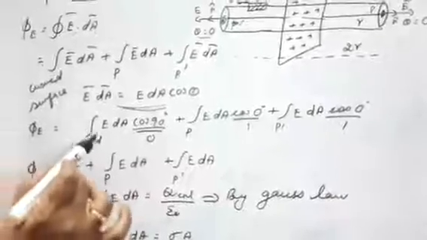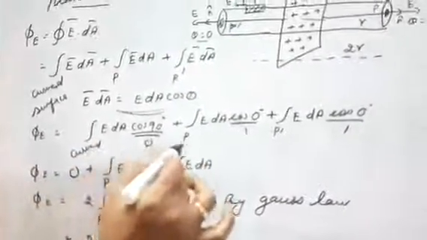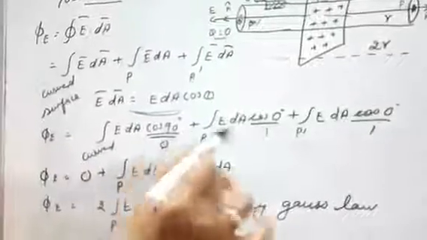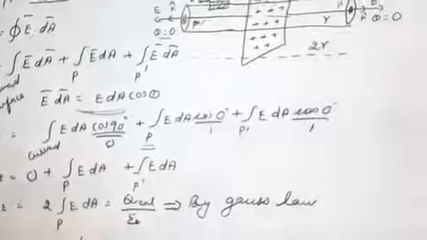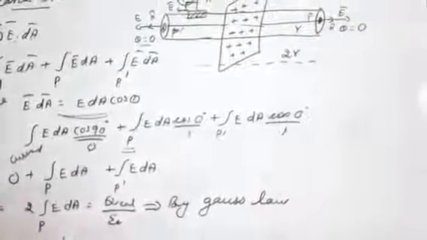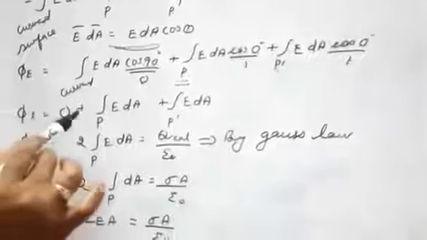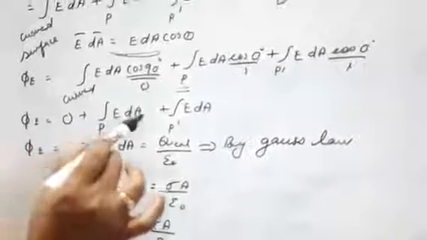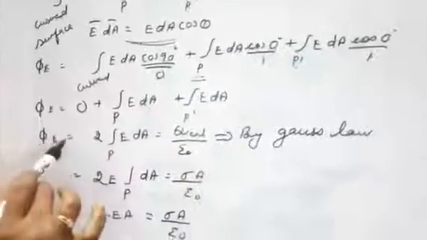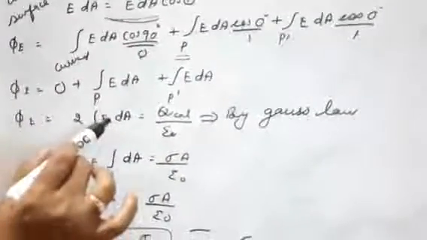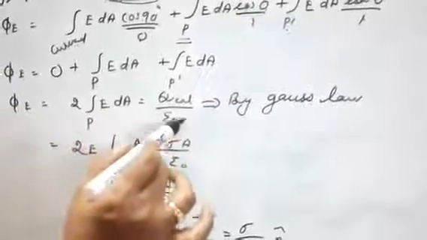For the curved surface, cos 90 is 0, and for the P and P dash sides we substitute theta as 0, so we get E dA. Therefore, the total phi E is equal to 0 plus the integral of E dA over P plus the integral of E dA over P dash, and we get 2 E dA. Taking 2 out, this is equal to Q enclosed by epsilon naught by Gauss law.